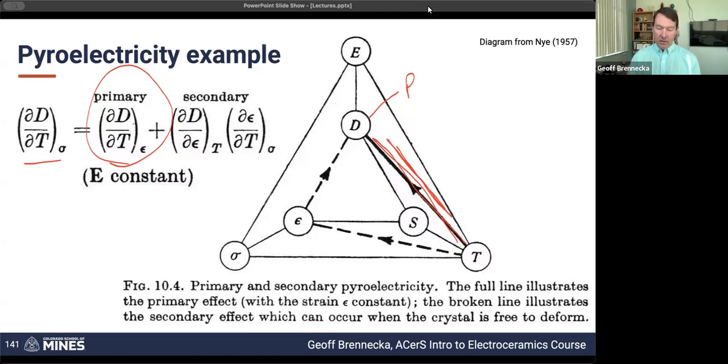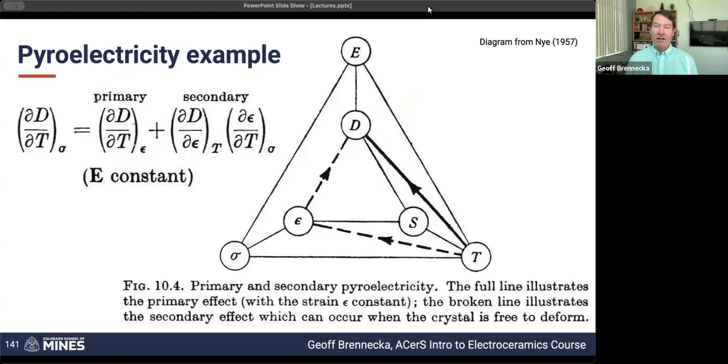That's what we were describing. So the primary contribution is that when we have constant strain. So that means that when there is no strain, this is what we measure as the pyroelectric coefficient. However, how often do you have a material that has exactly zero strain? How often do you have a zero strain when you change temperature?